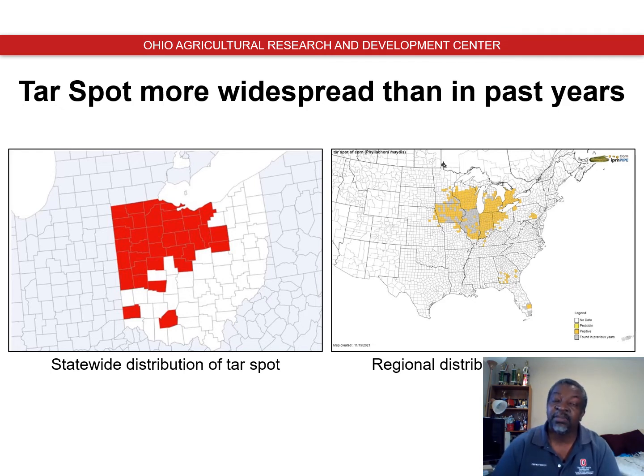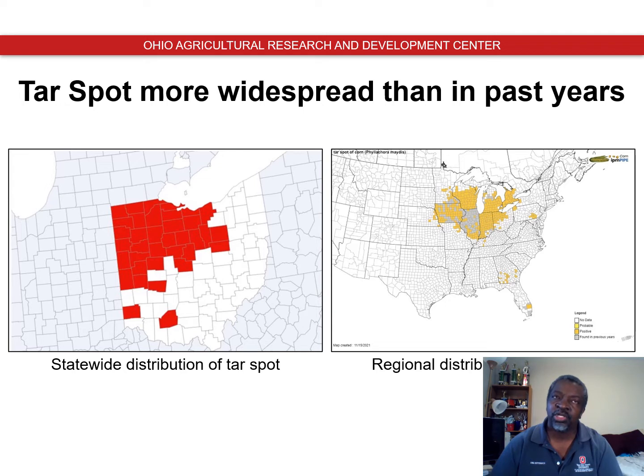This red color does not give you an idea of how much tar spot or how many fields in a given county were affected, but it gives you an idea of whether or not tar spot was present in that county. So if we had a single field with a single plant showing tar spot, that county was lit up as being positive for tar spot, and the map was colored in red to show that tar spot is present.